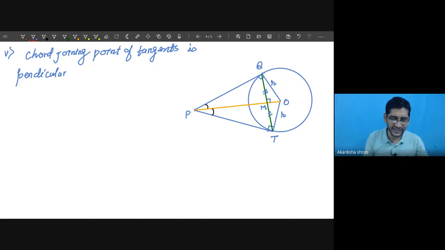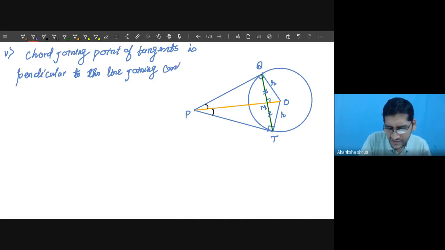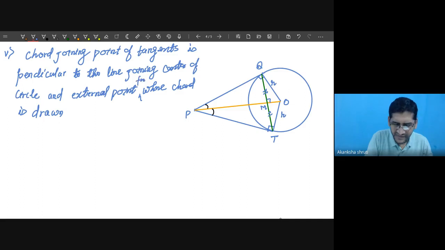Okay, keep in mind, this QT is perpendicular to PO.